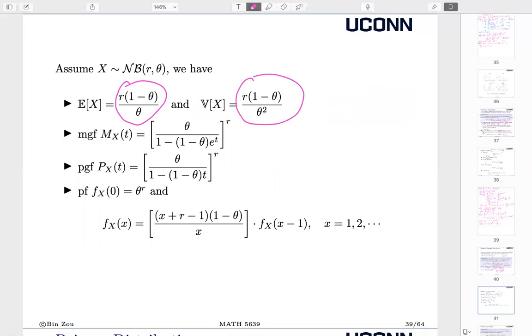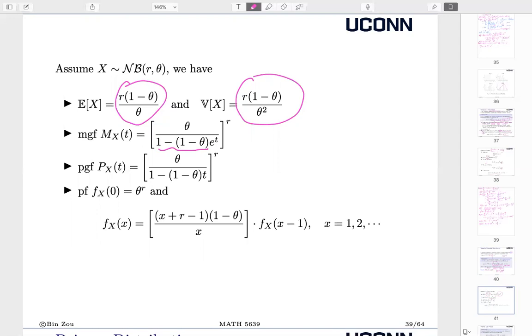Everything becomes easier. We already derived the MGF, so this is nothing but the MGF of a geometric raised to the power r. We already know this result: if we have independent random variables, in order to figure out the MGF of the summation, we simply raise the power. Here we want r, so we raise the power to r.